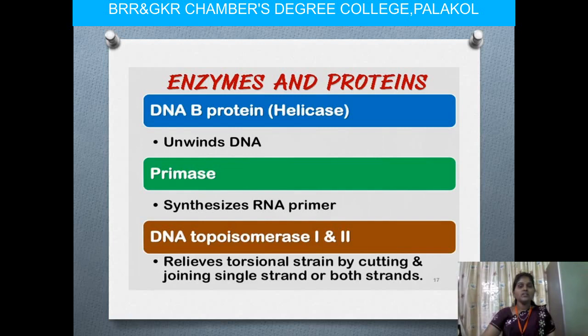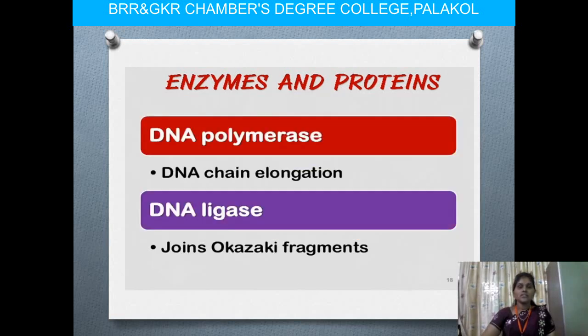It cuts and joins single stranded DNA or both the strands. The next one is DNA polymerase. This polymerizes or elongates, that means it produces the DNA chain elongation.